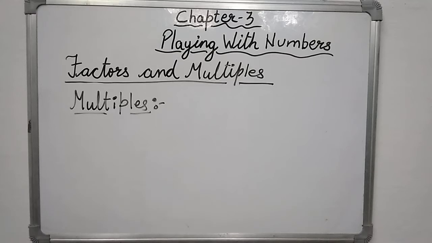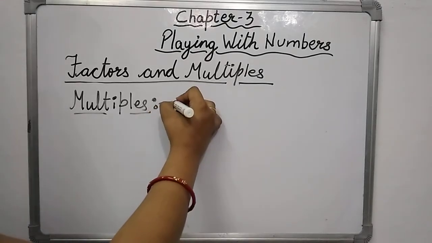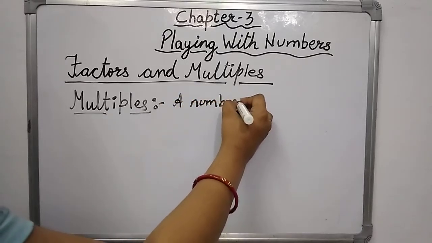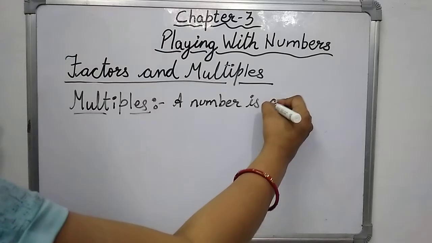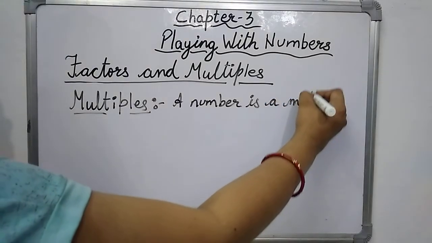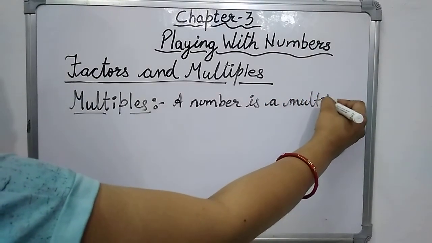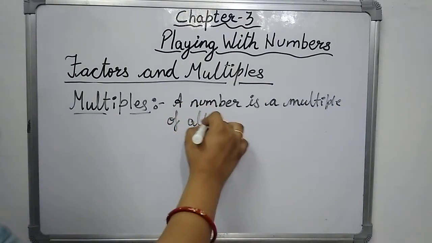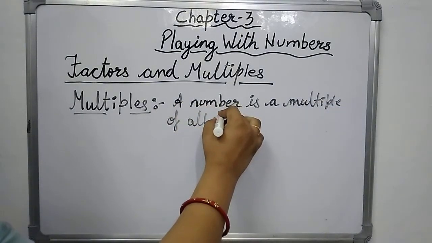A number is a multiple of all its factors.